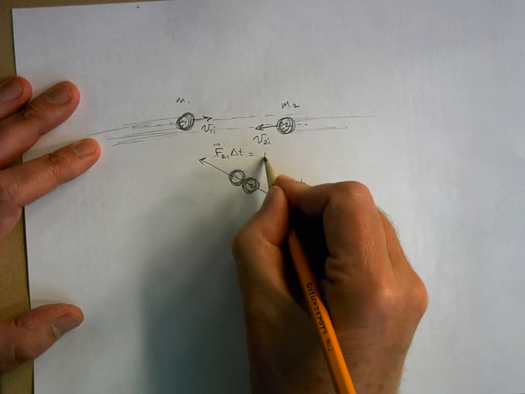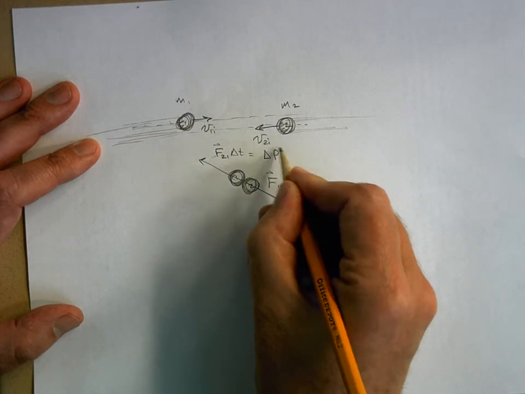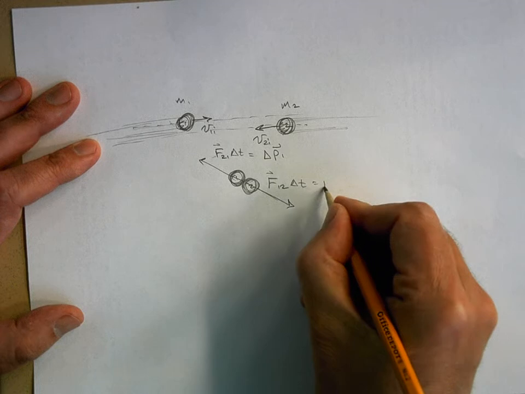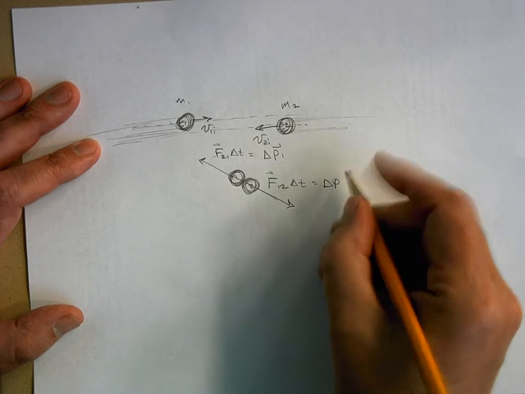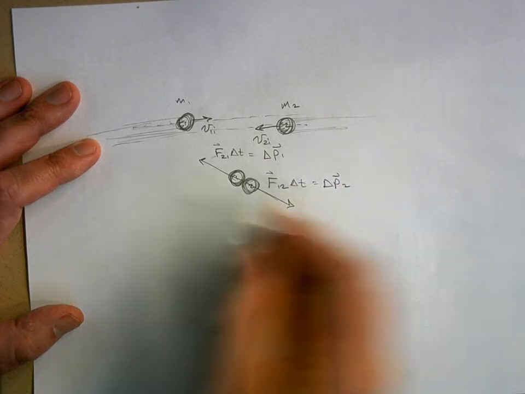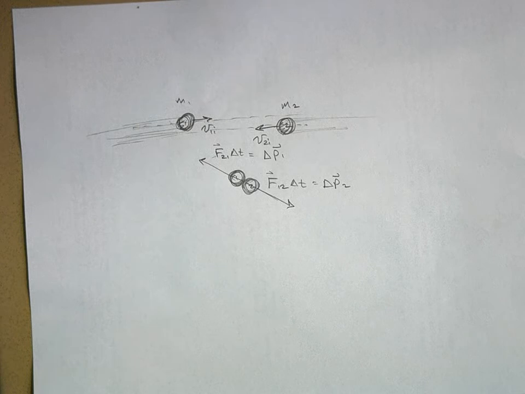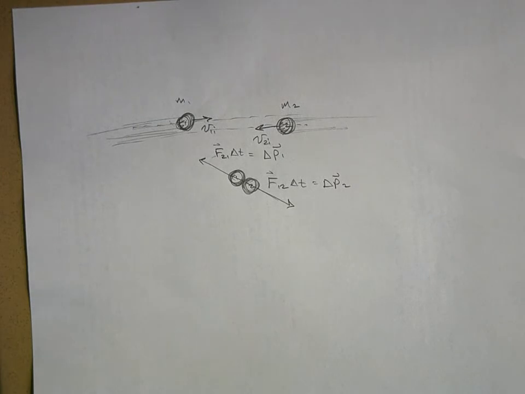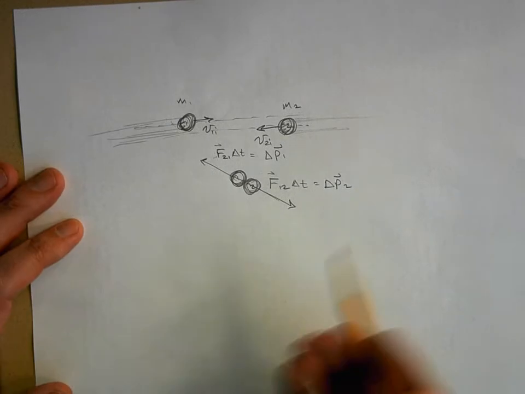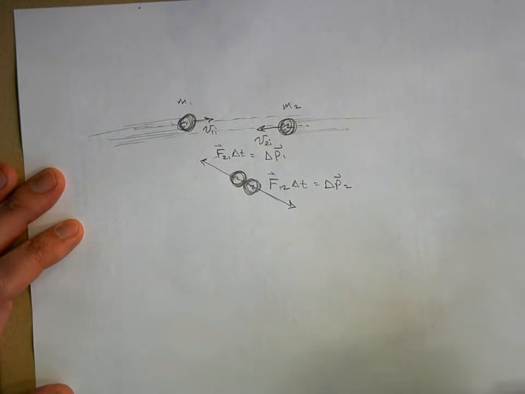So this is the change in momentum of object 1. This is the change in momentum of object 2. And they are in equal and opposite directions. But now, these changes in momentum are acting both in the x and y direction. They're in 2 dimensions. And so, I can look at this in the x direction.